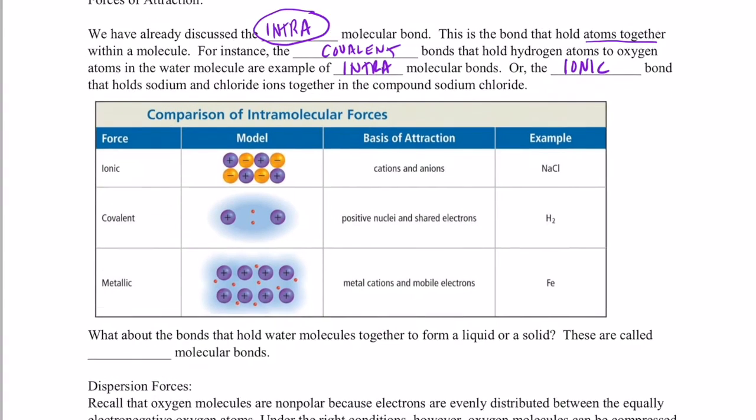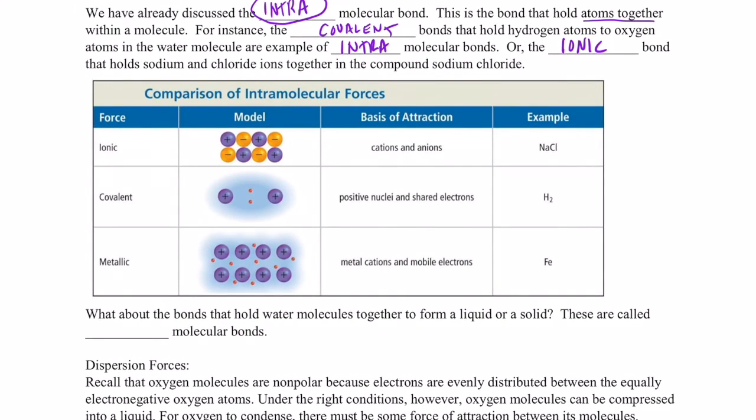So there are actually three examples. One of the three we didn't talk about too much in class. But ionic bonds are intramolecular forces, covalent bonds are intramolecular forces, and metallic bonds are intramolecular forces. They are bonds that hold atoms together within a particle.